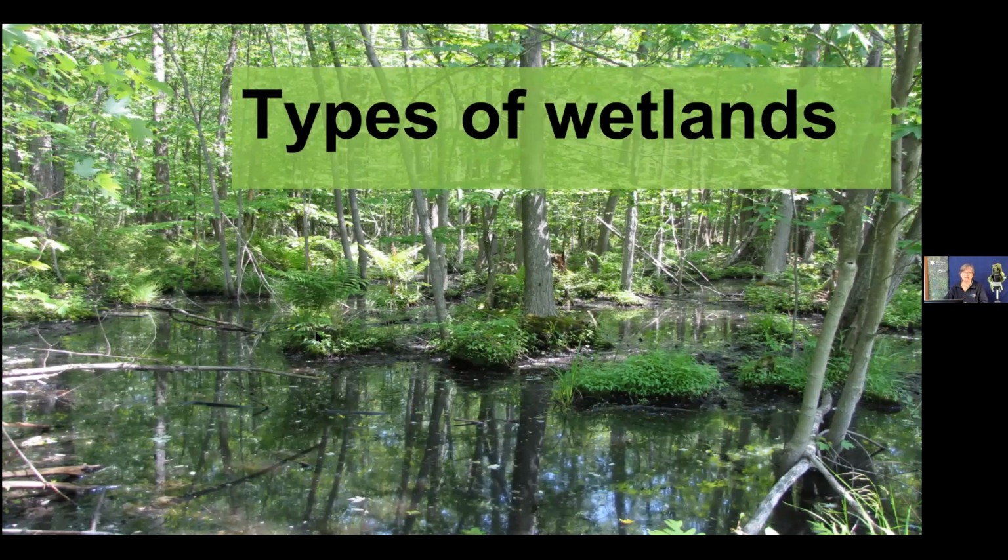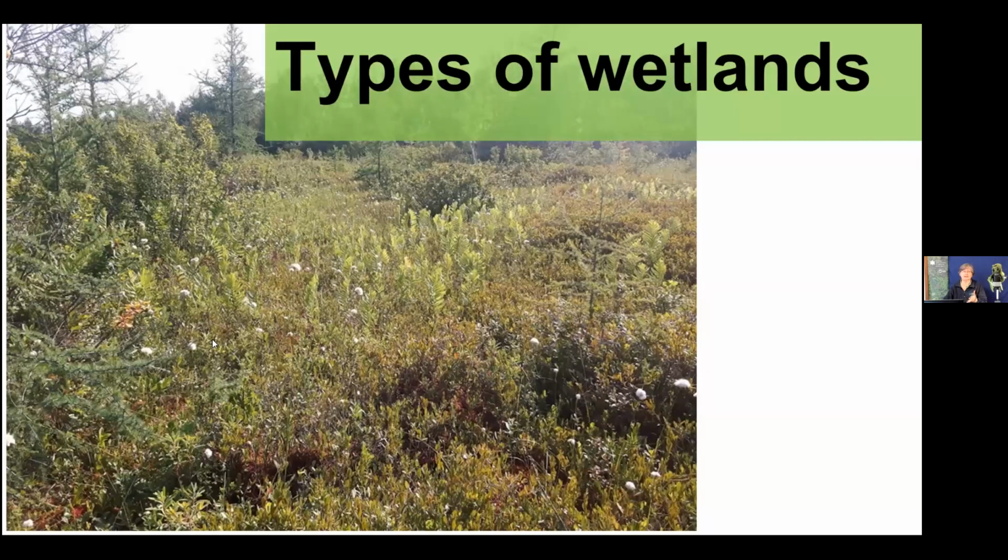Another type of wetland, and this is a very important one, especially a little further north, though we have them here too, is a bog. This one is very close to Montreal. It's called Alfred Bog. Bogs are different from marshes or swamps.